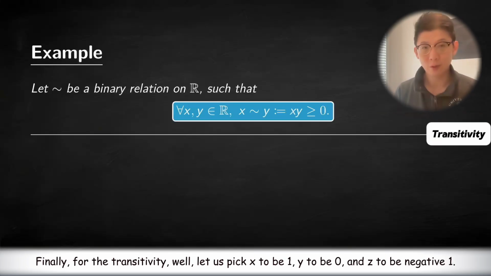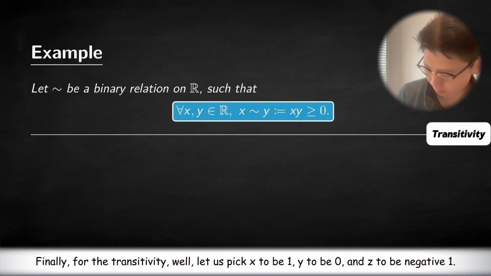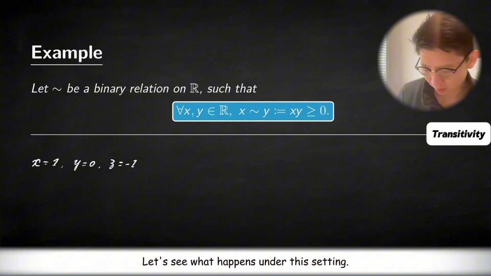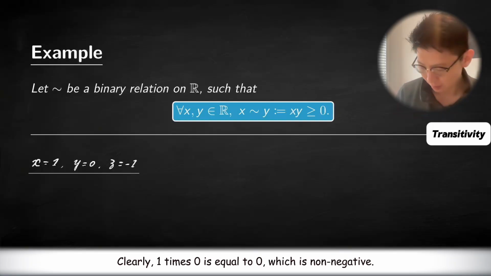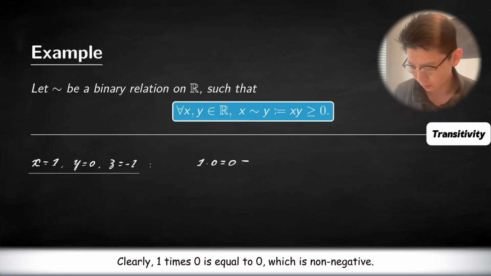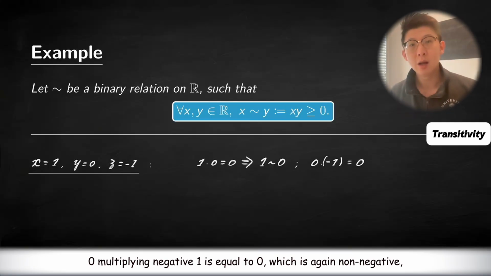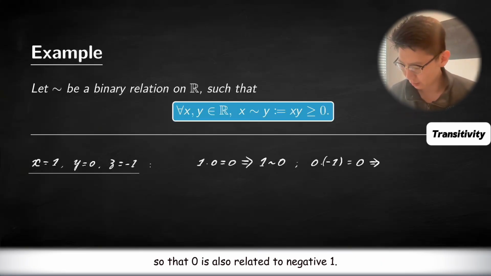Finally, for the transitivity, well, let us pick x to be 1, y to be 0, and z to be negative 1. Let's see what happens under this setting. Clearly, 1 times 0 is equal to 0, which is non-negative. Hence, 1 is related to 0. Similarly, 0 multiplying negative 1 is equal to 0, which is again non-negative, so that 0 is also related to negative 1.